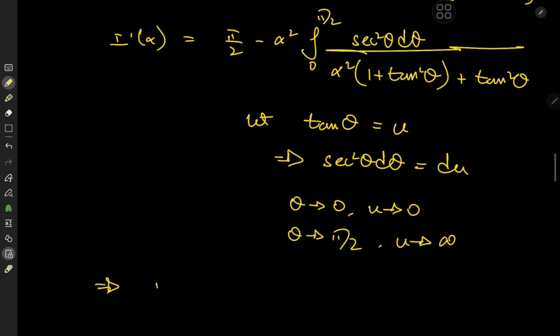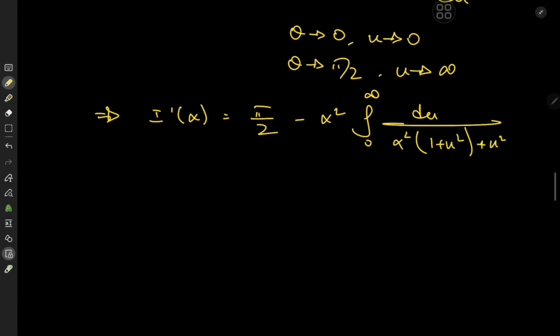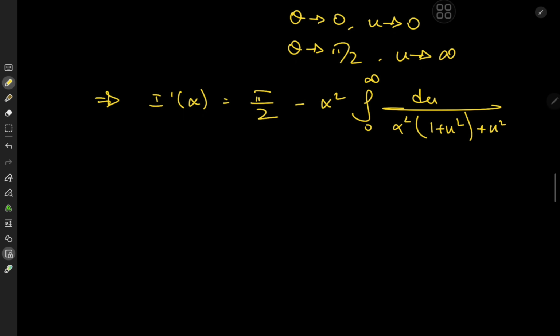So this implies that I prime of alpha equals (pi over 2 minus alpha) squared times the integral from 0 to infinity of du over, what exactly? We have alpha squared times (1 plus u squared) plus u squared, and it would be a good idea to somehow collect the u squared terms.